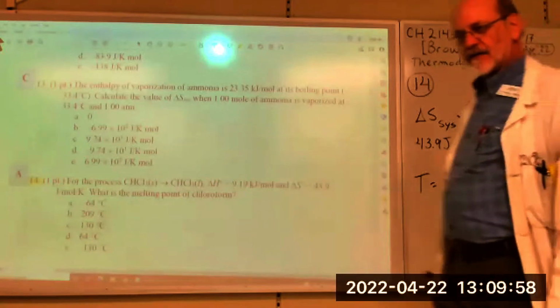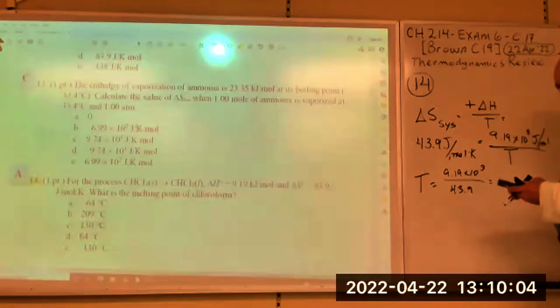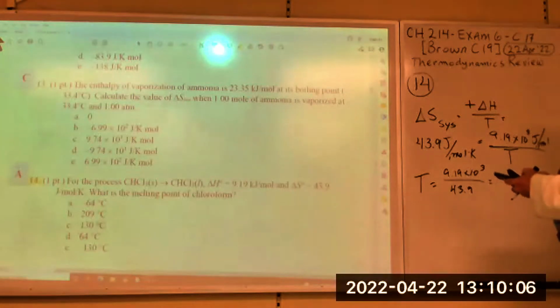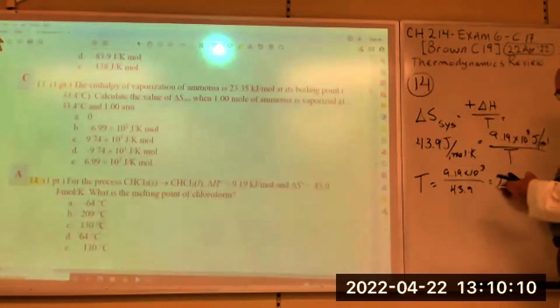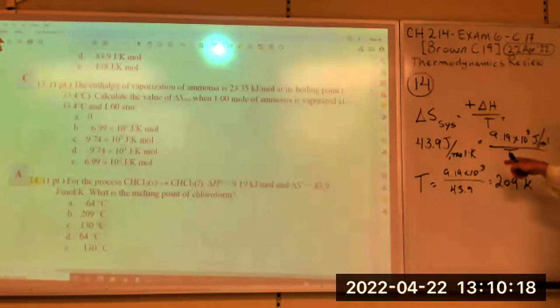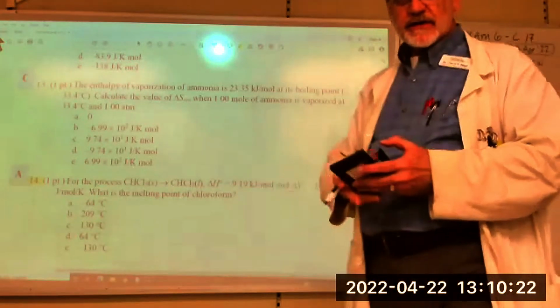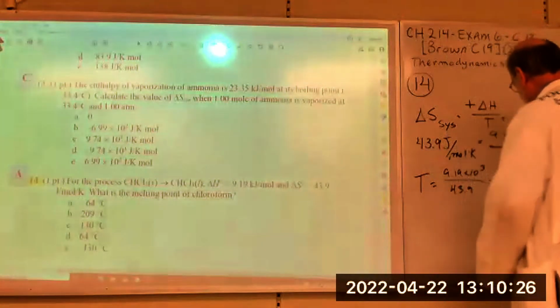And let's see what that is. So I get 209, 3 significant figures, so that's enough. But remember, that's in K. And the answer is in degrees Celsius. So what we have to do is change that to Celsius.